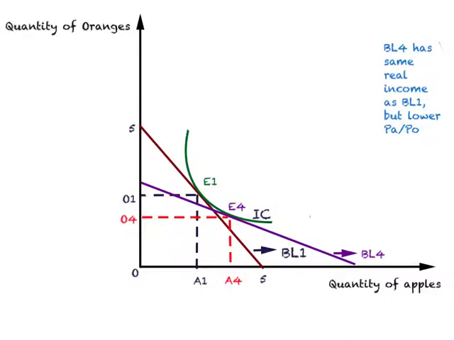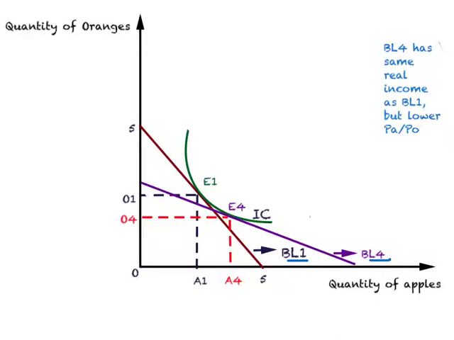We have that original budget line BL1. And now what I have done is I have drawn another budget line, let's call it BL4, and the characteristic of this budget line 4 is the following.